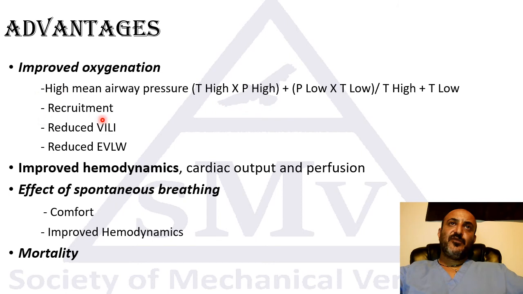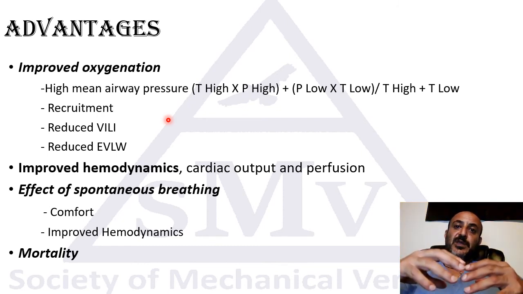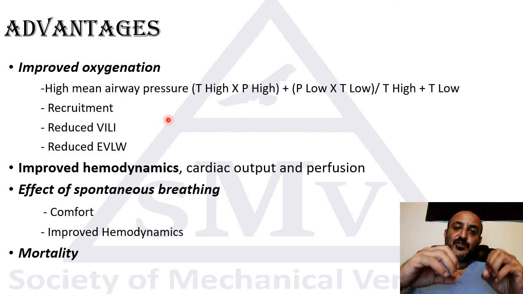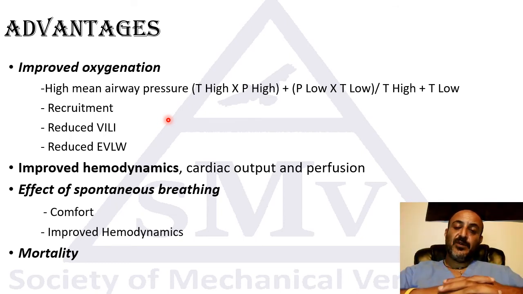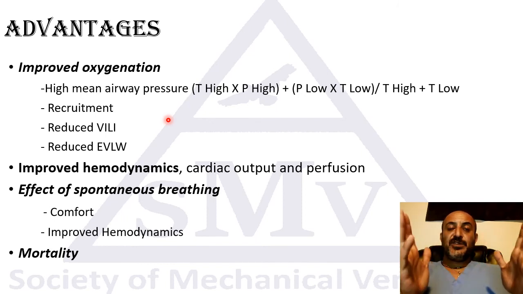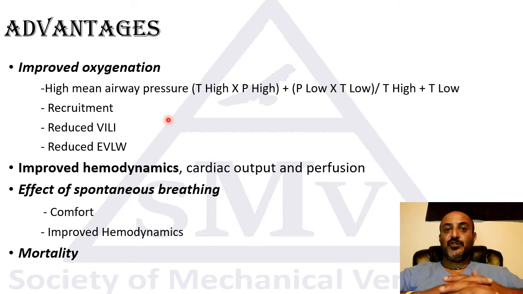Recruitment, as we said before: the very long T high on the high P high, the pressure high, opens the alveoli. Alveoli have different time constants, so some open fast, some take time, so by the end of the T high, lots of alveoli are open. By reducing the opening and collapse of the alveoli, you might reduce ventilator-induced lung injury.